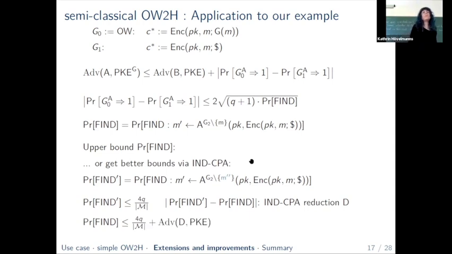So what we have achieved is that we have now upper bounded the probability of find by a term relative to the size of the message space and the advantage of the CPA reduction. So the reduction itself doesn't lose the factor of Q.